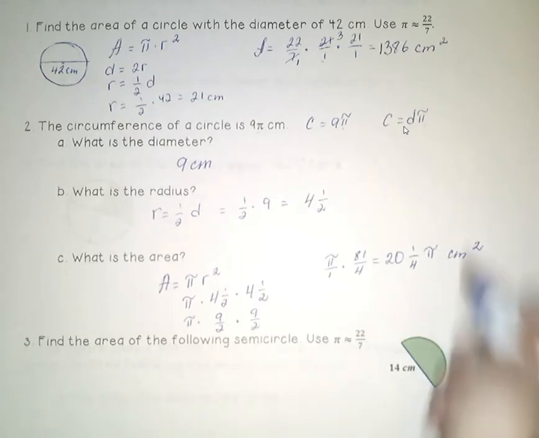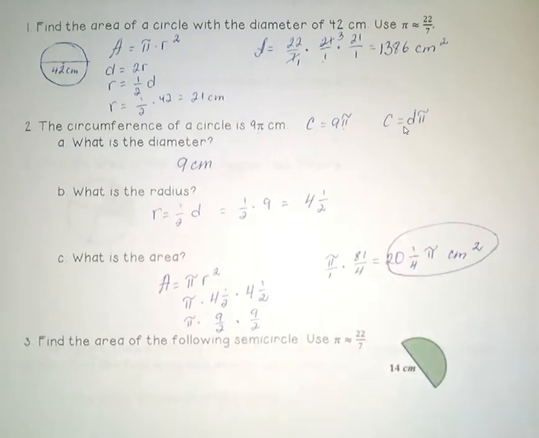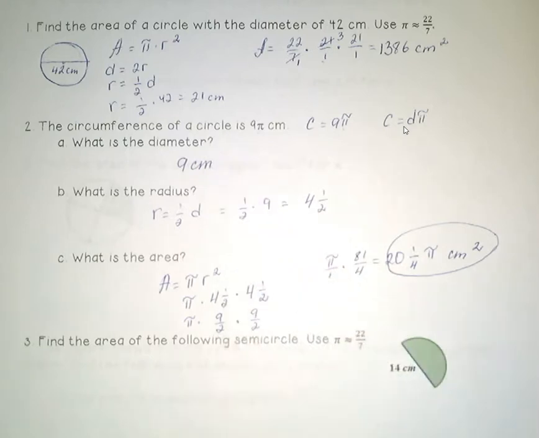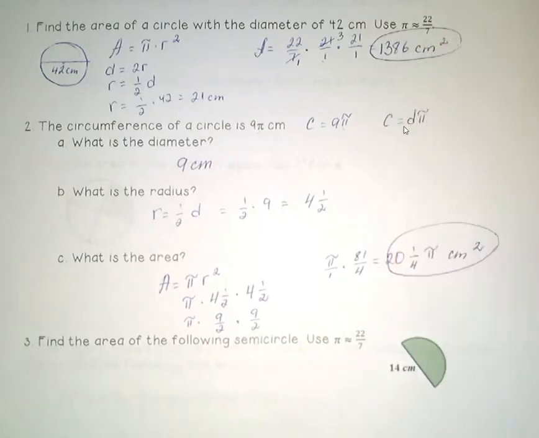Okay, that is our answer for this problem. So knowing circumference, we can find the diameter, radius, and the area, which is pretty cool. Okay, this is our answer for the problem number 2.